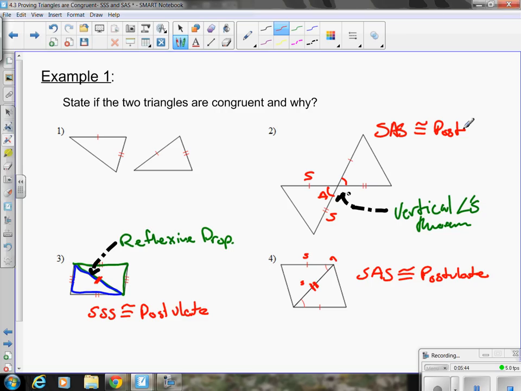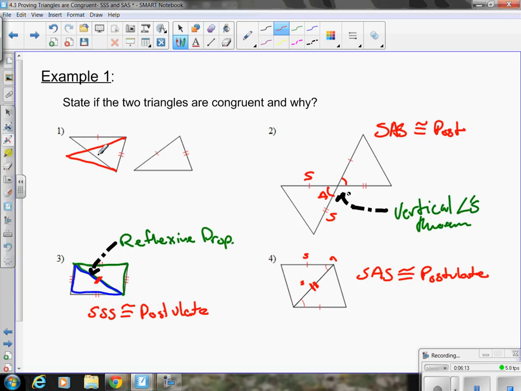And we get back up to the first triangle. I know two sides, so I'm thinking I either need to know my third side. Do I know anything about these sides? No. Or I need the angle between the two sides. Do I know anything about this angle and this angle? No, I don't. So these look like they are congruent, but you never know. This angle might be a little bit off.